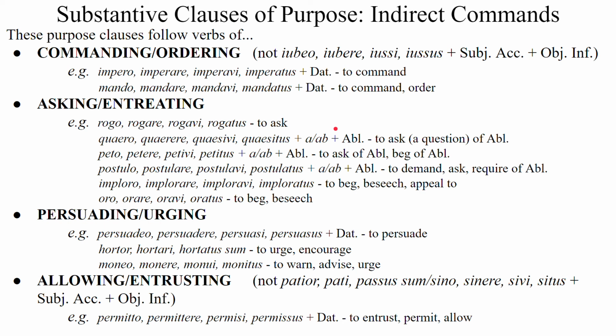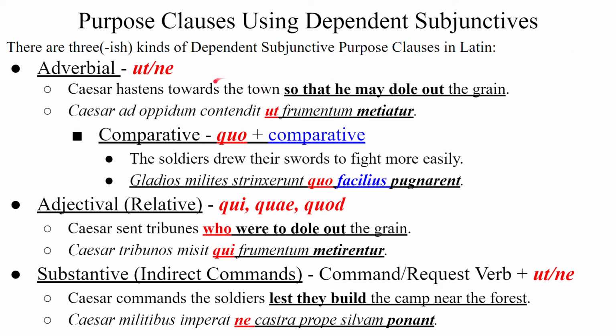Optime. So, as a quick recap, purpose clauses using dependent subjunctives. These are dependent subjunctive clauses. The adverbial answers the question why, which is why it's an adverb clause, introduced by ut or ne. Caesar ad oppidum contendit ut frumentum metiatur.